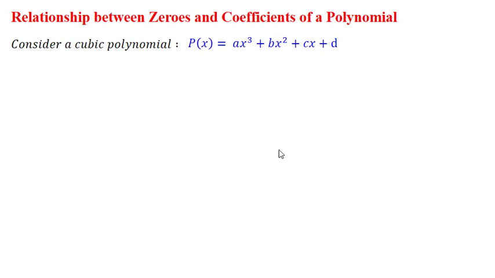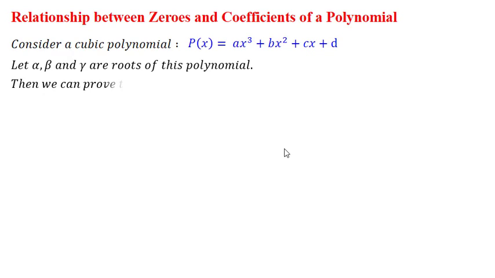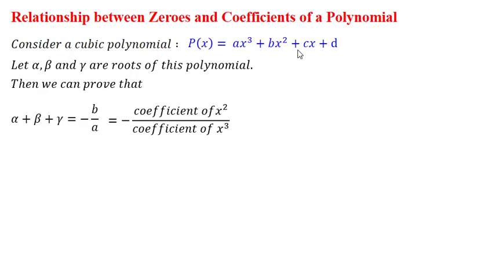So let us see this cubic polynomial, which is ax cube plus bx square plus cx plus d. Now here I have at the maximum three zeros. So let alpha, beta and gamma be the three zeros, the three roots of the polynomial. Then again, as we have proved in the last slide, we can prove that alpha plus beta plus gamma is equal to minus b by a, that is minus the coefficient of x square divided by the coefficient of x cube.